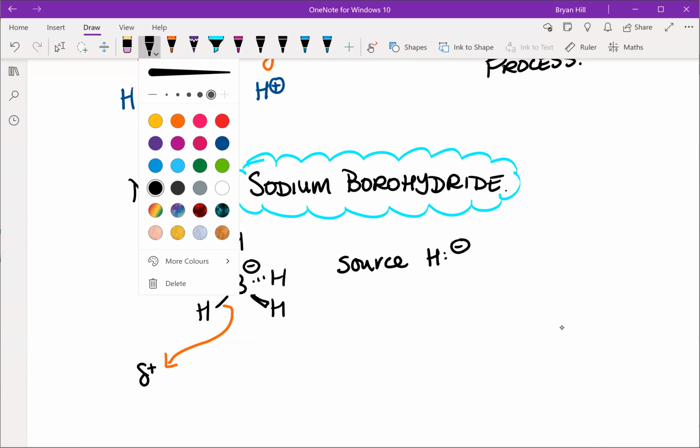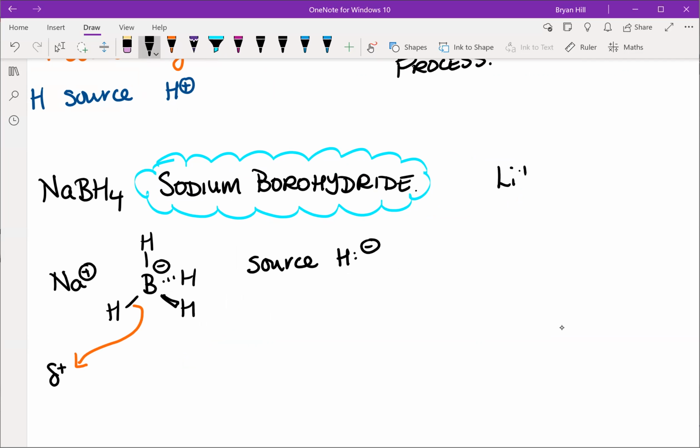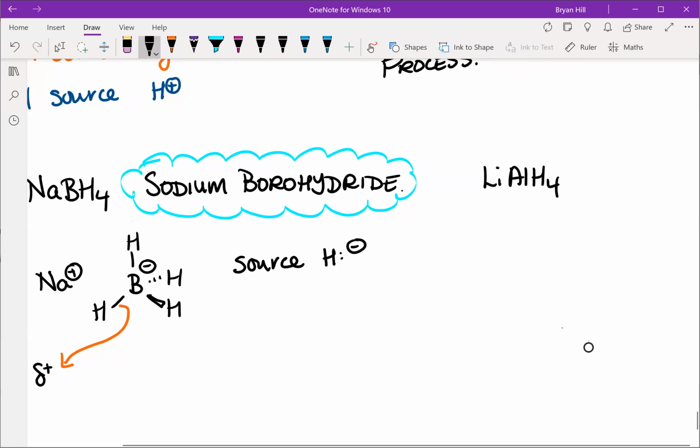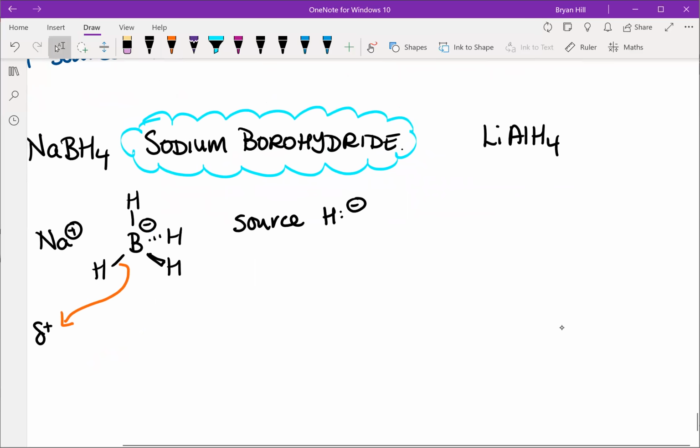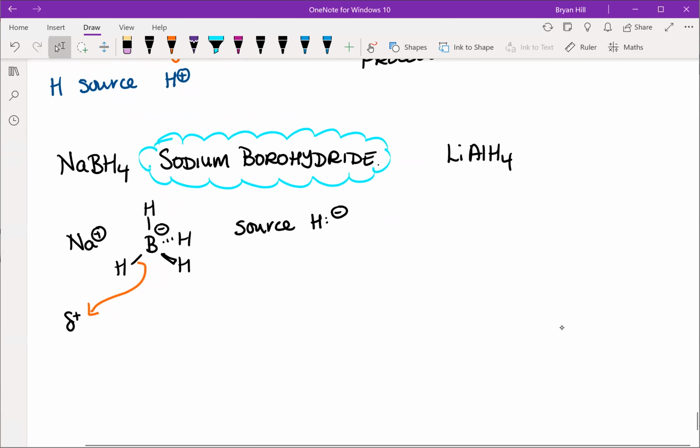There's another reagent that's very similar to this, which I'll draw right beside it. And this guy is called lithium aluminum hydride.